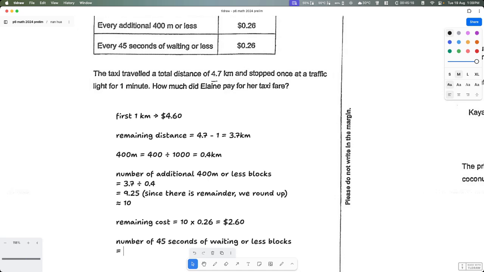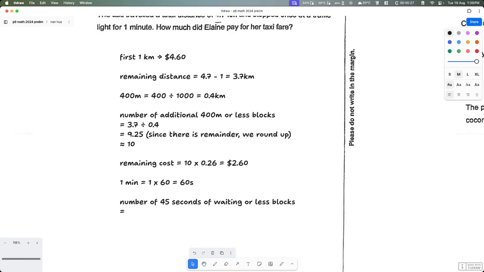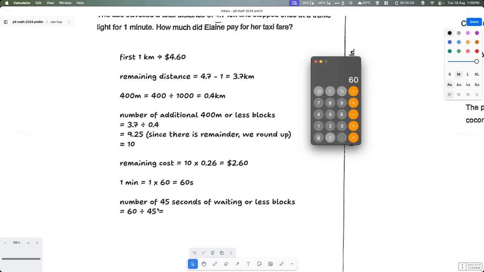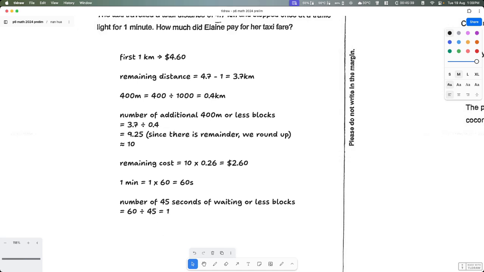In this case, she waited for 1 minute, which is 1 times 60 seconds. So 60 divided by 45 gives us 1.33. Since there's a remainder, we round up again, and this will give us 2.